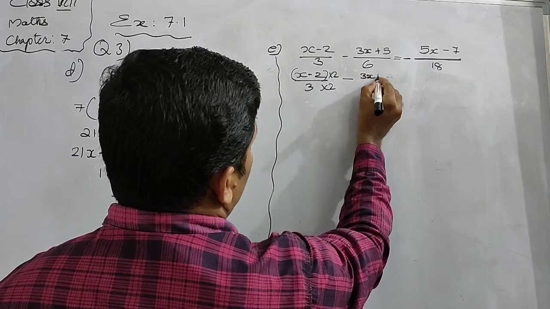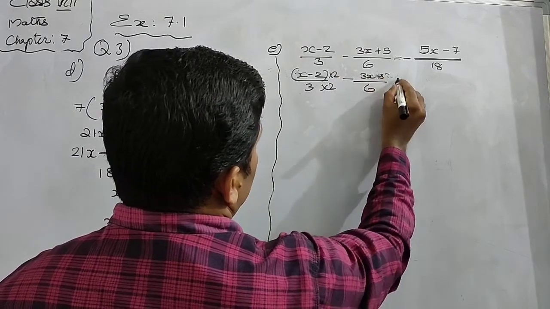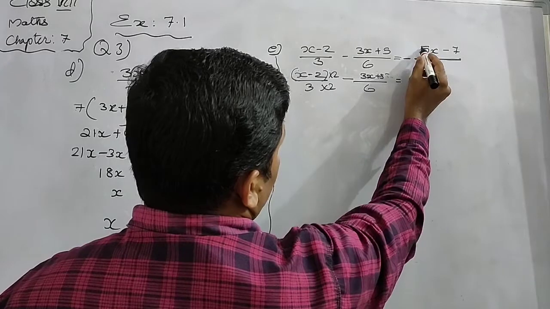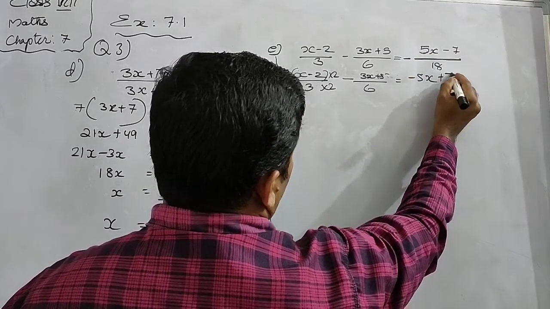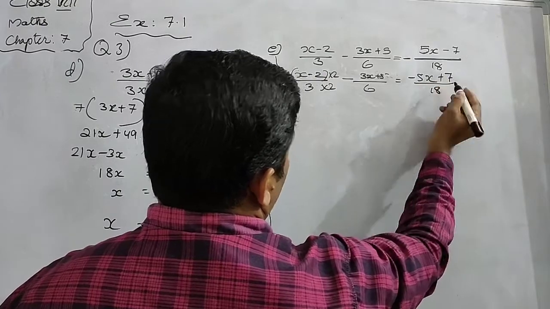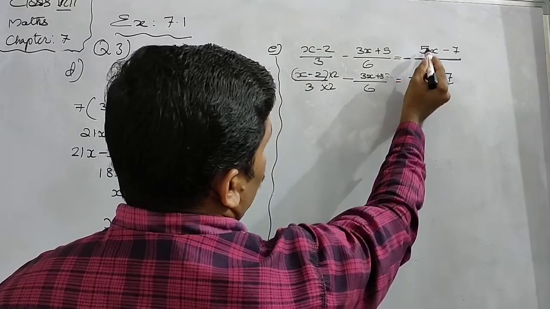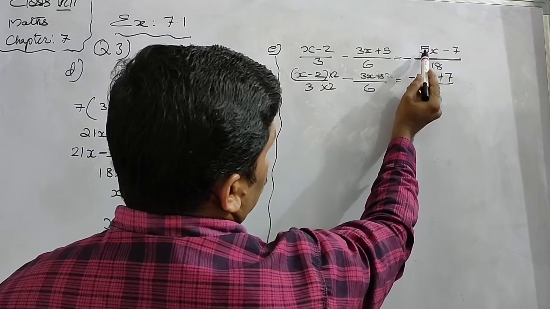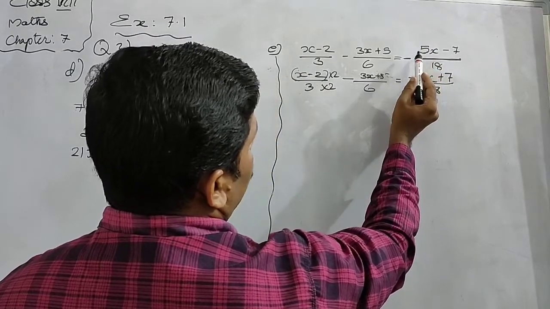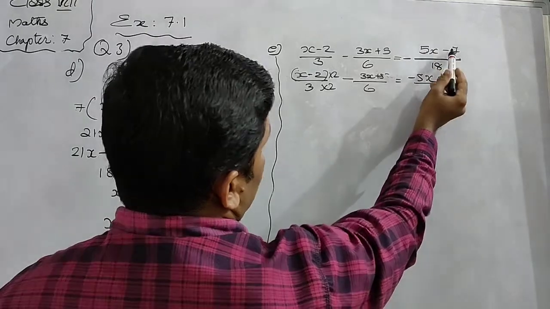Subtract 3x plus 5 upon 6 is equal to this negative. Negative into positive, negative 5x, and negative into negative, positive 7 upon 18. Why? Because this negative is common for both numbers. It is not only the symbol of 5x, but it is common for 5x and 7.